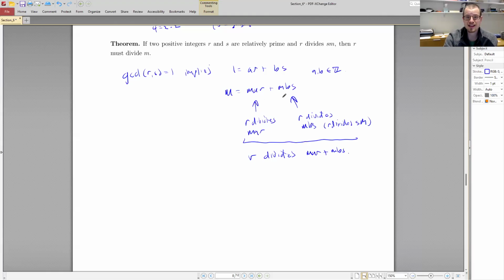But if it divides the entire right-hand side, hence r must also divide the left side because they're equal. Hence, r divides m. Boom. r divides m. And that's all that we're looking for there.